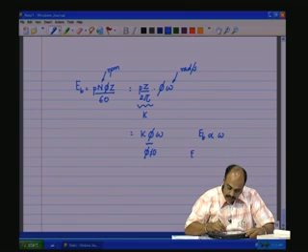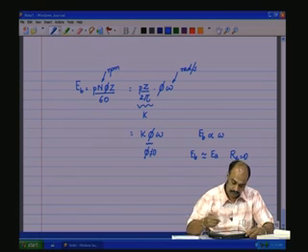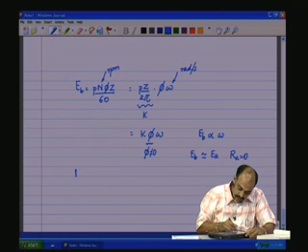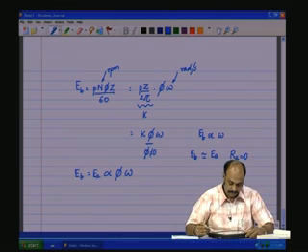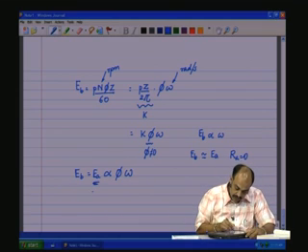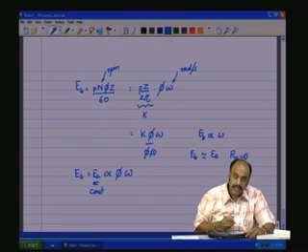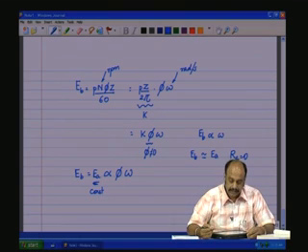Now, Eb is, let us say, approximately equal to Ea, and let us say for the moment for the discussion Ra is equal to 0, then Eb equals Ea, which is proportional to phi into omega. Now, if we keep this constant, it is a constant DC source which is applied externally.